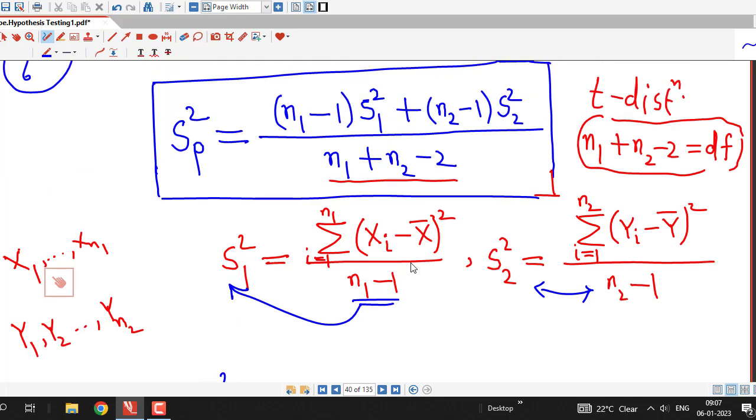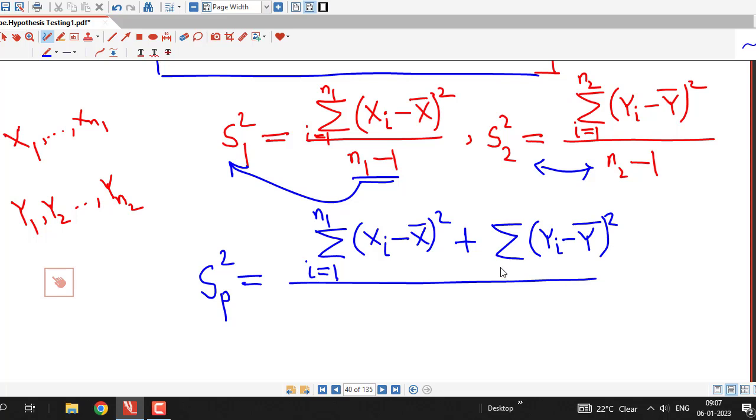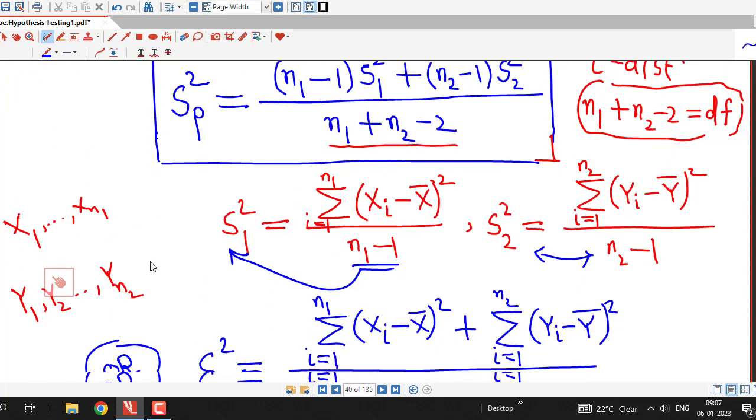Here I can write n1 minus 1 into s1 square as this summation, and n2 minus 1 into s2 square as this summation. So here I can write the sum of xi minus x bar whole square, i equal to 1 to n1, plus the sum of yi minus y bar whole square, i equal to 1 to n2, divided by n1 plus n2 minus 2. If you wish, you can use this formula also, both are equivalent.